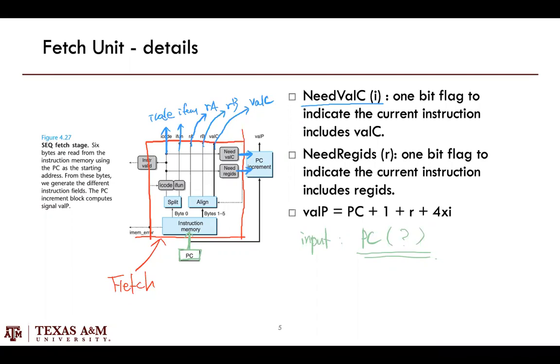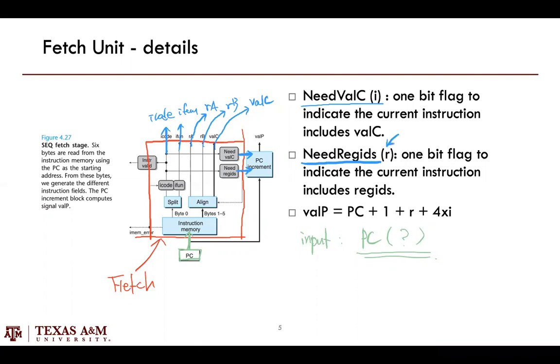If the current instruction has a constant value, then this flag will be set to 1. And second, need_regids is also a 1-bit flag to indicate whether the current instruction includes register IDs. As long as it has at least one register ID, then this flag will be set.